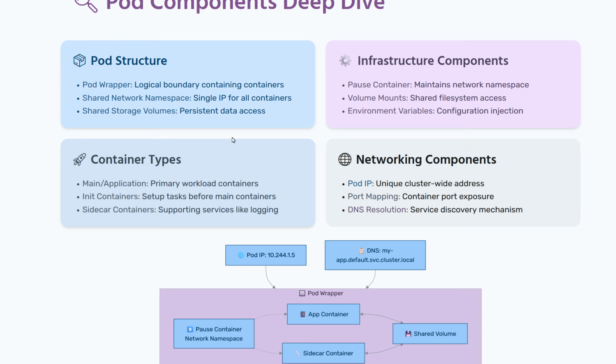If you have a few different containers, they use a single IP address representing all the containers, right? And then the same thing with shared storage volumes. They might have a common facility you can use, like a common facility on that floor. It's just like shared storage volumes.